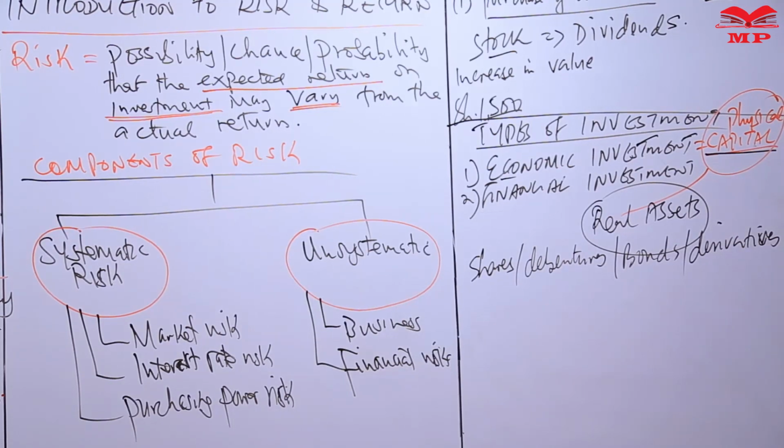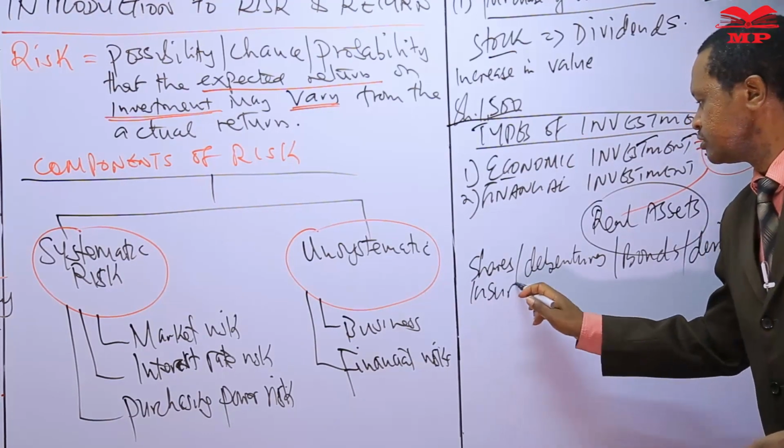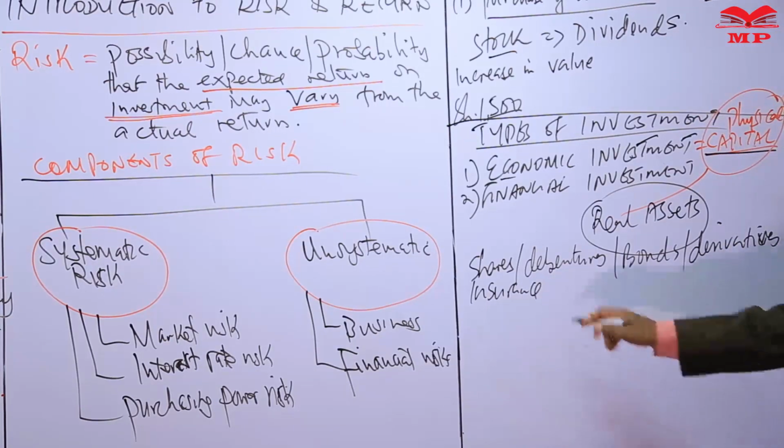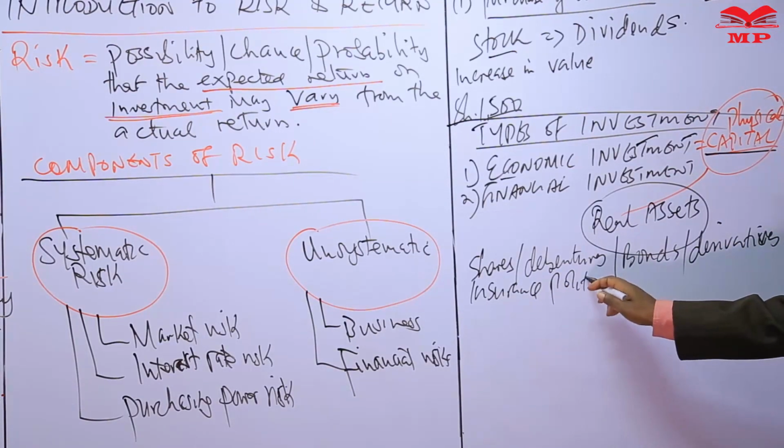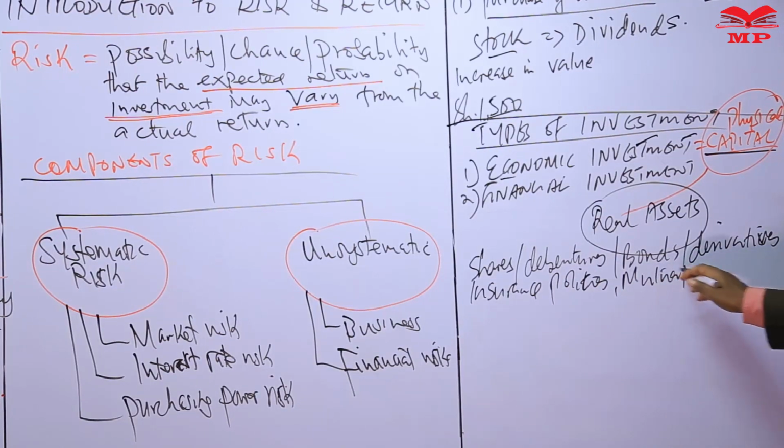So these financial assets may also include things like insurance policies, mutual funds, and so on. So they are known as financial investments.